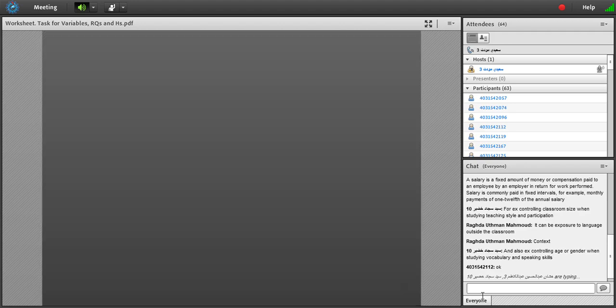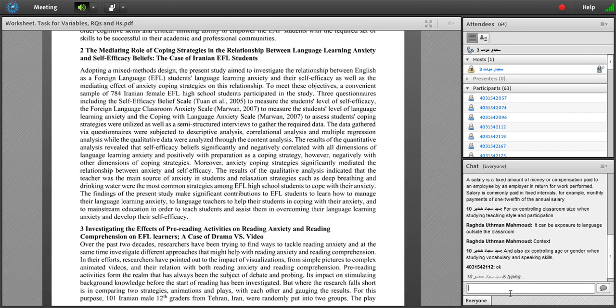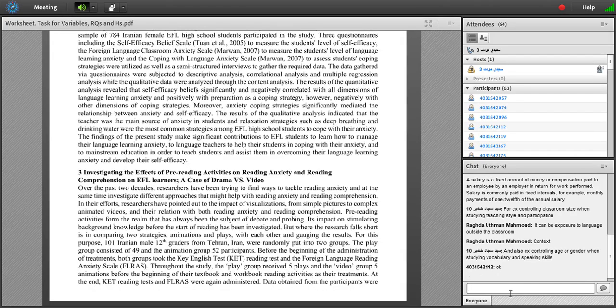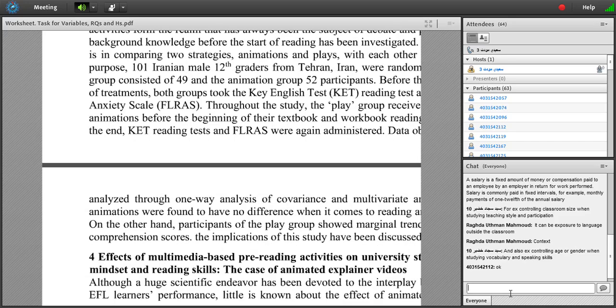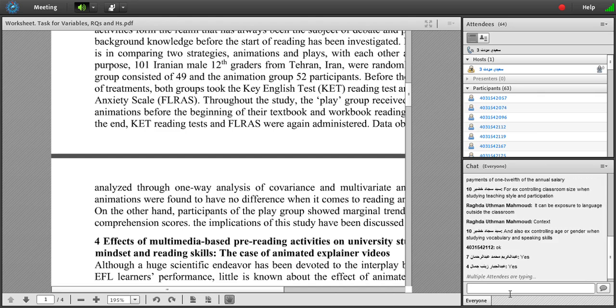So let me show you some topics so that you can understand what we mean by dependent and independent. So can you see the file I shared? The PDF file, can you see that?